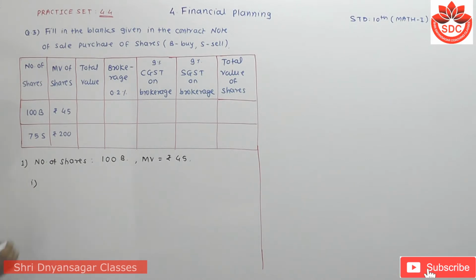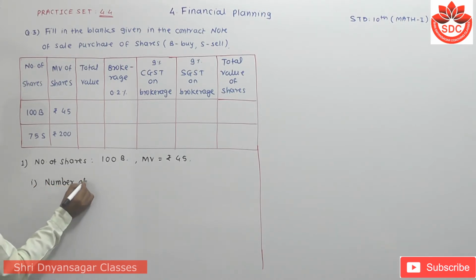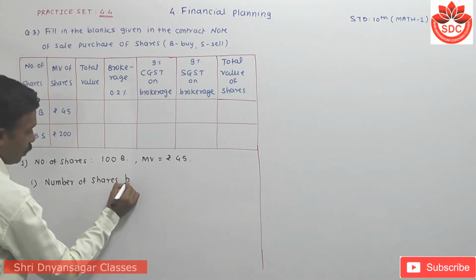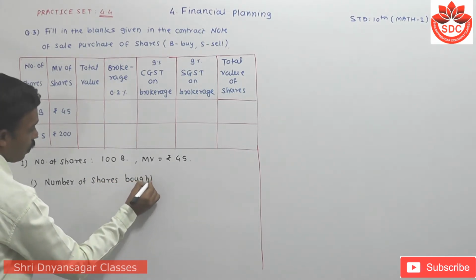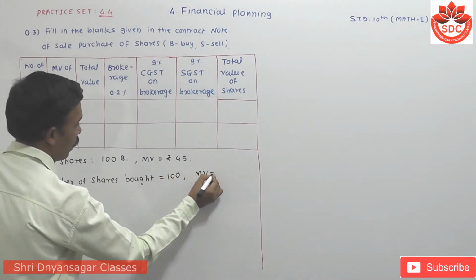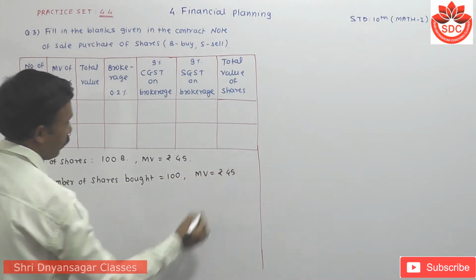The number of shares bought is 100, and at that time MV is rupees 45.